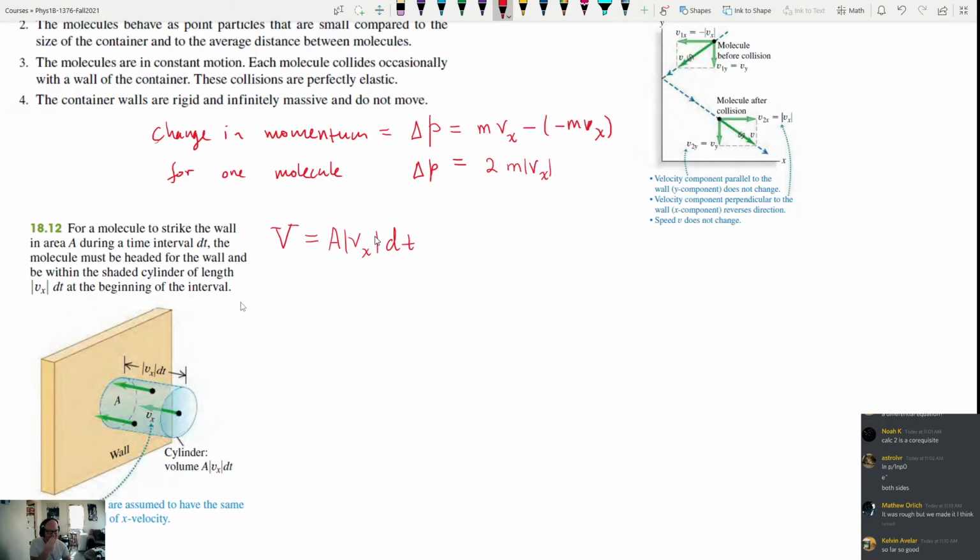If it was 2 hours, it would be 2 miles. So if you take Vx and multiply by the time interval, that gives you the distance. And this is going to allow you to get a volume of molecules that all have this same velocity, and they're all heading towards the wall. Okay?